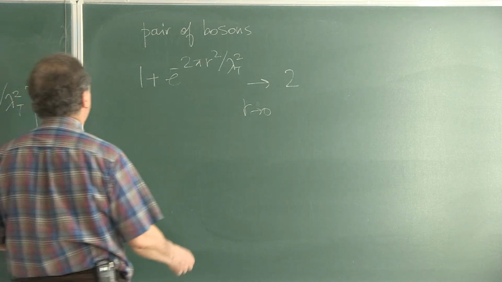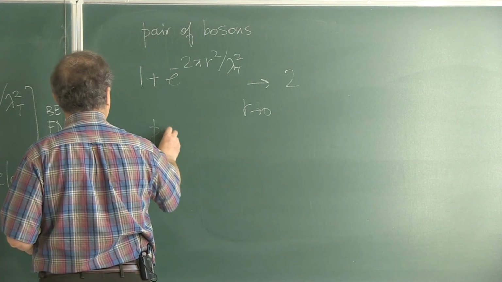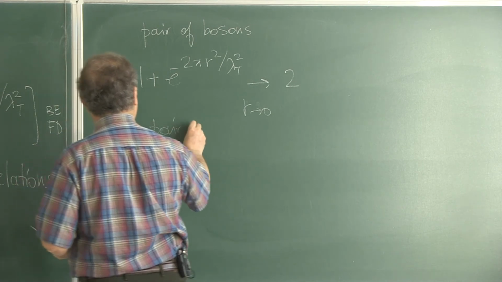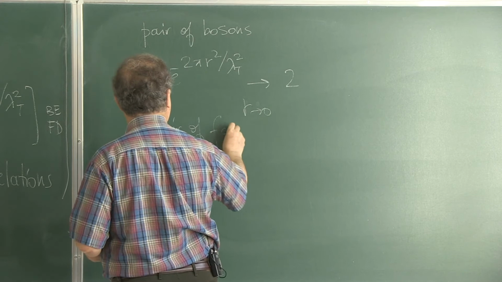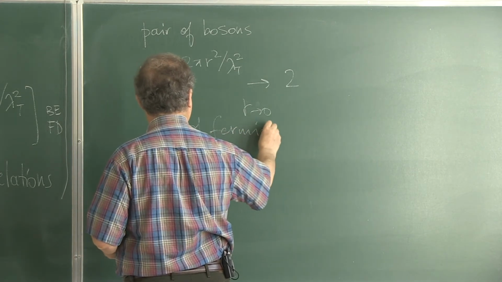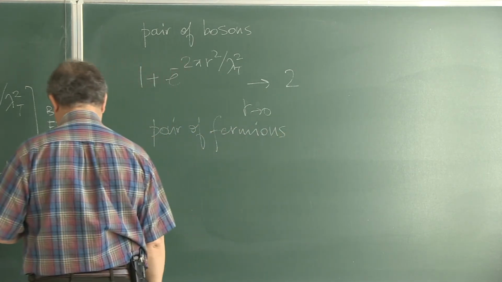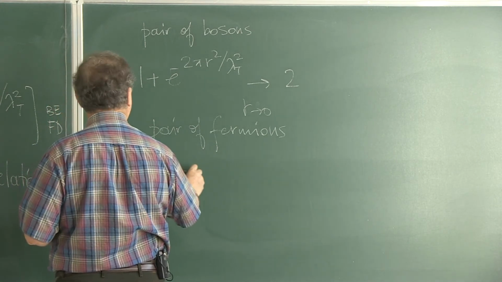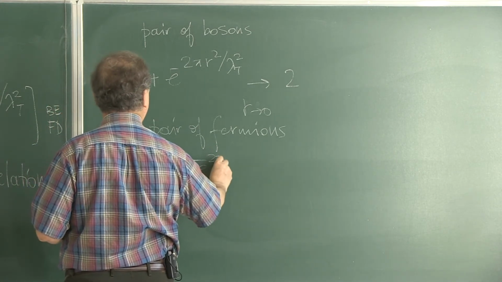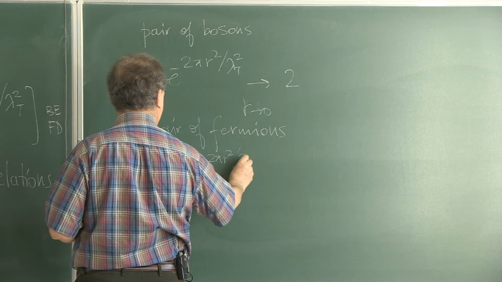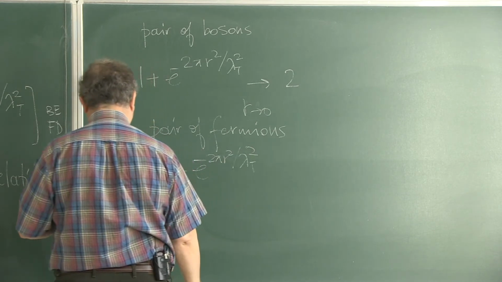Let's look at the pair of fermions. One minus e to the minus 2 pi r squared divided by lambda t squared.